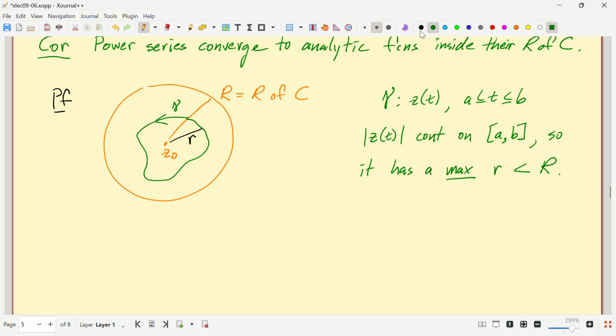Okay, let's write f of z as a power series. That'd be the limit as n goes to infinity of the sum as n goes from 0 to capital N of a n times z minus z naught to the n.